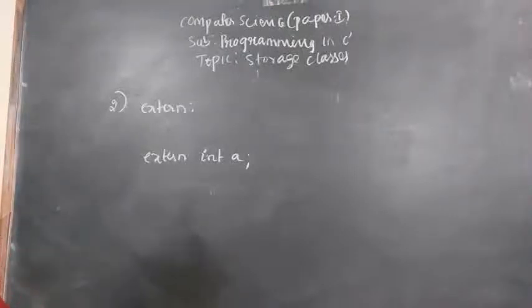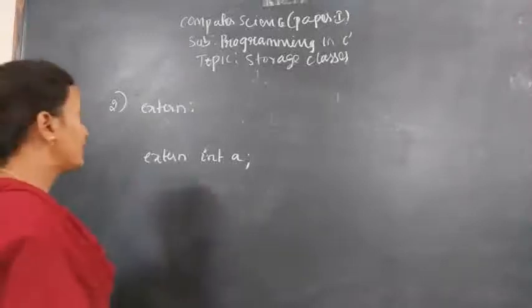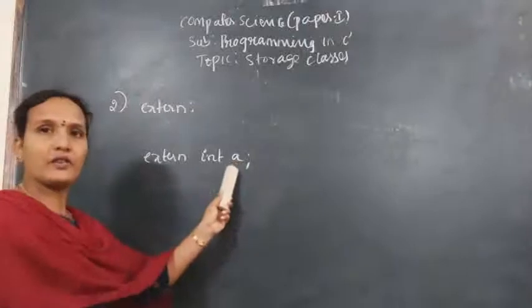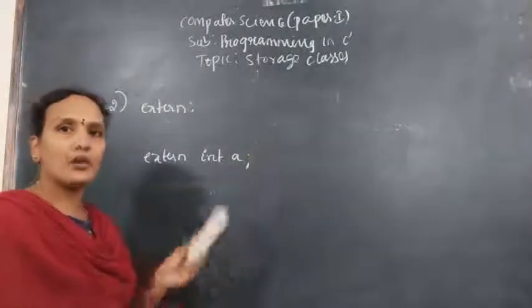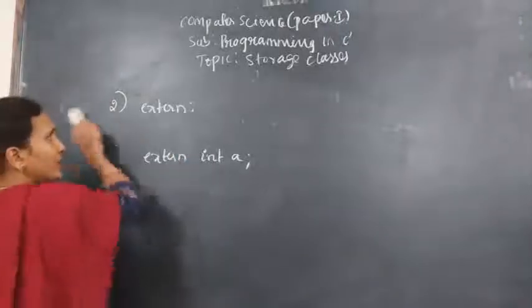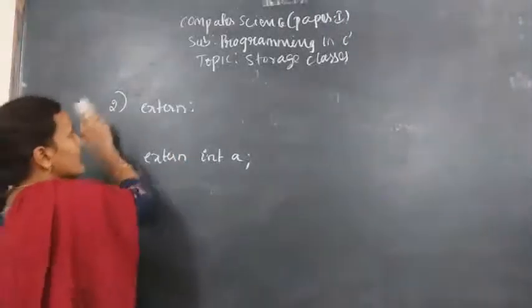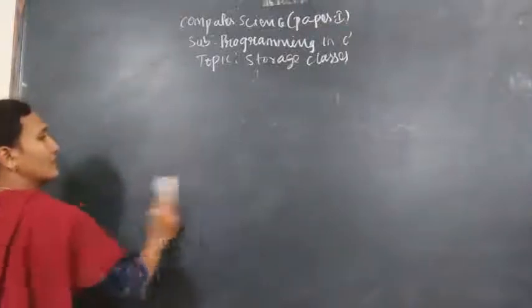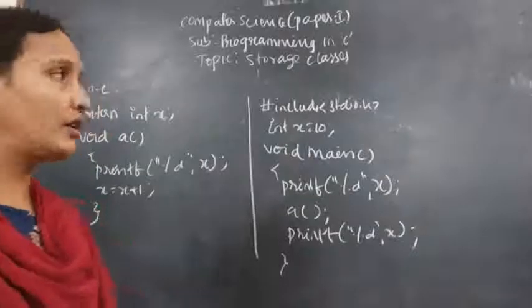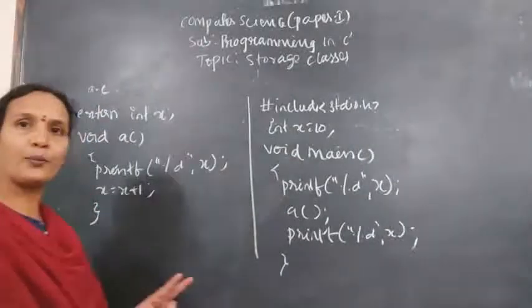That is called an external variable. This variable we are taking from outside of your program. Clear? You write this. I will give you one example program. So here you can see the example. Two programs I have written.